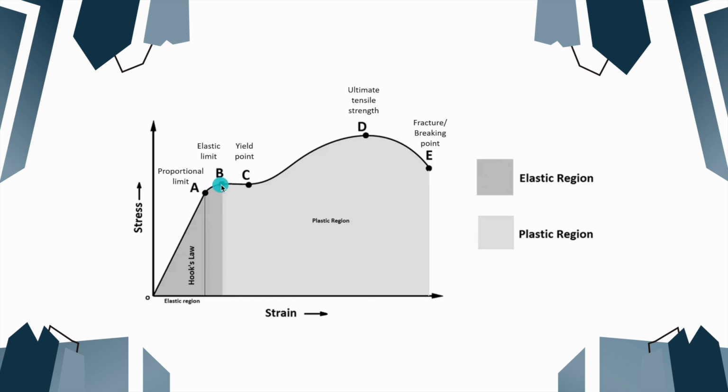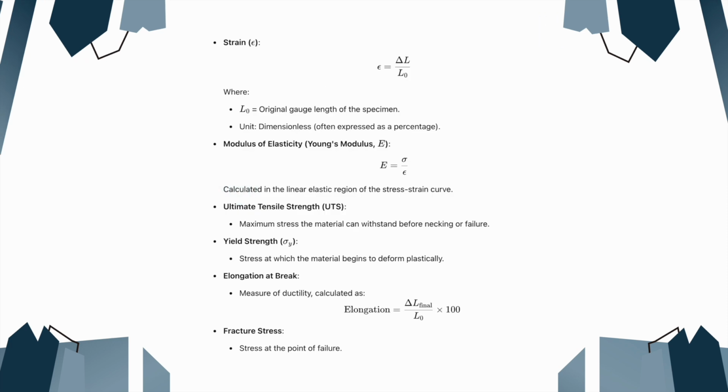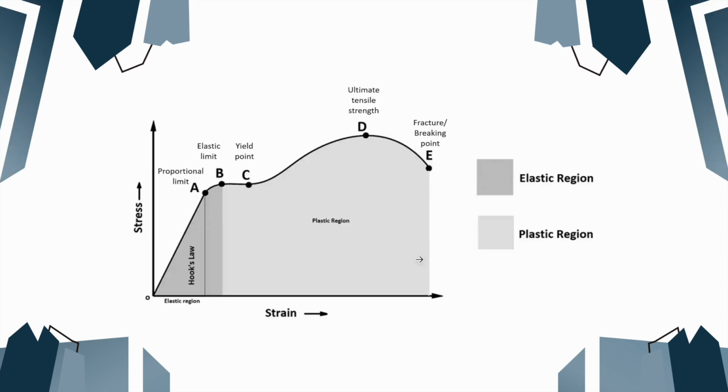After this elastic limit, if you cross this particular point, the material will not return to its original shape, and it will deform. That's what I'm saying about yield strength: the stress at which the material begins to deform plastically. So this is the plastic region, this is Hooke's law, and this is the fracture or breaking point at which the material will break.